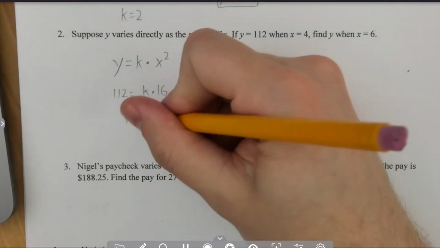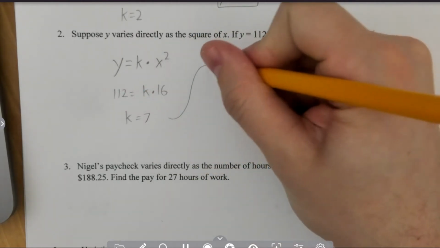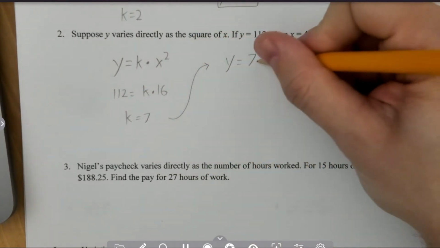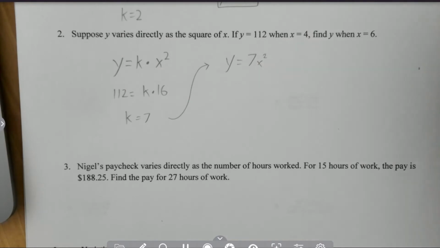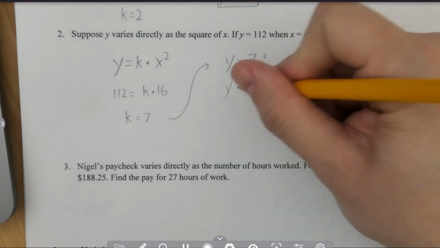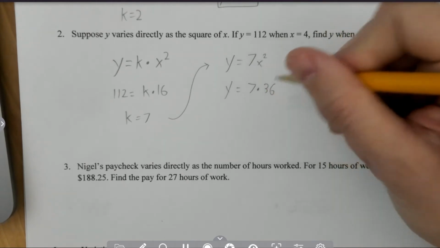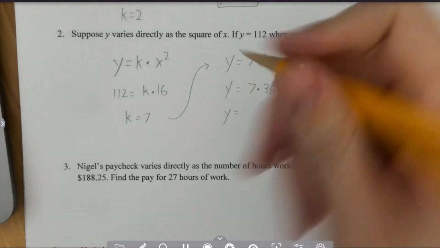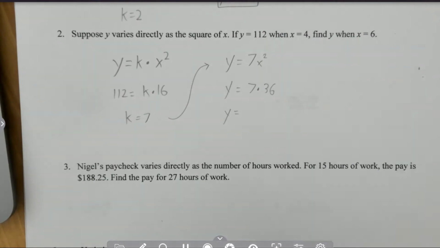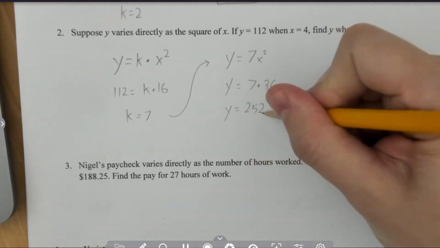It is 7. Then find y when x is 6. Be careful there that you use your exponents before you multiply. So 7 times 36 is 252.